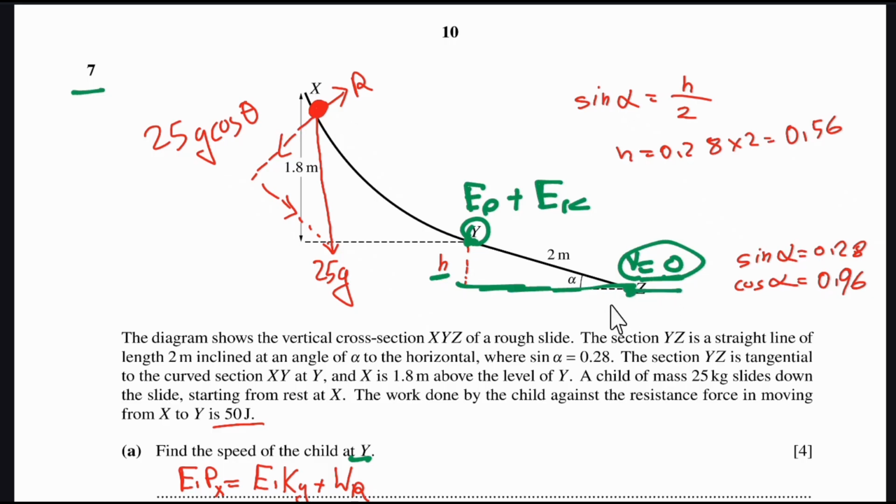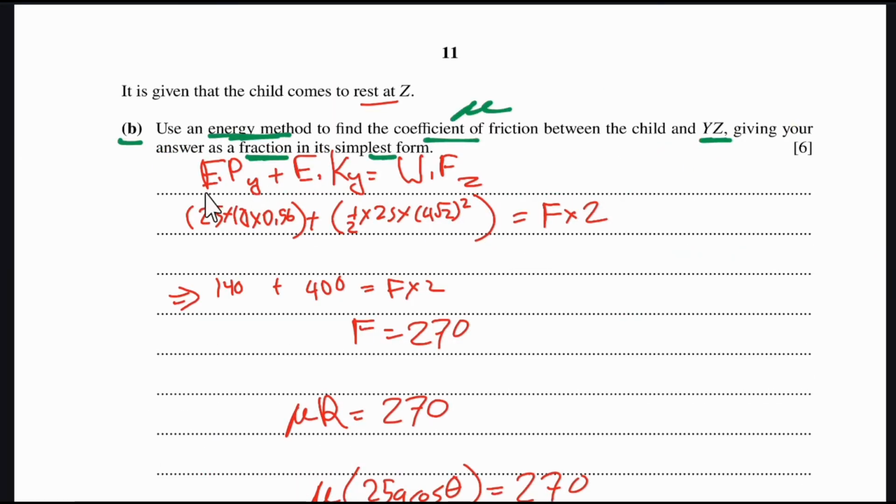So there is only work done against resistance: EP at y plus EK at y equals work done against resistance at z.